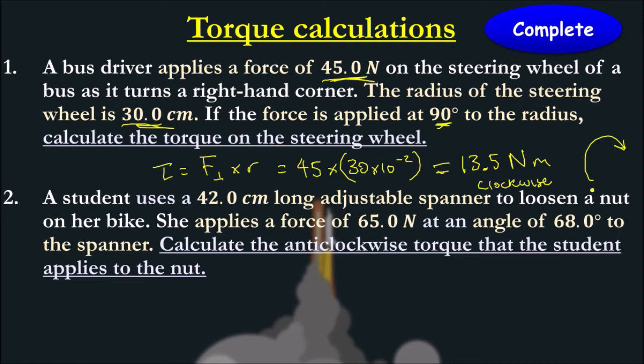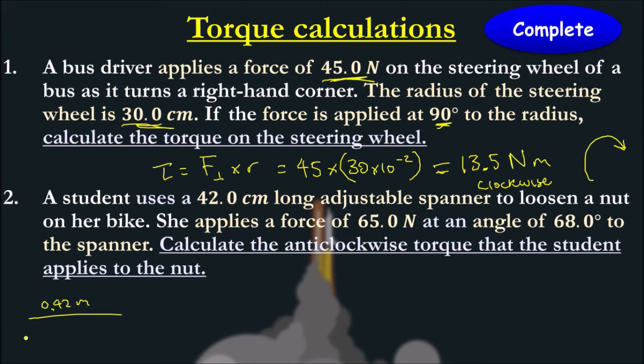You could probably draw out the direction, that might help as well. And our next one: a student uses a 42 centimeter long adjustable spanner, so 0.42 meters. To loosen a nut on her bike, she applies a force of 65 newtons at an angle of 68 degrees to the spanner.